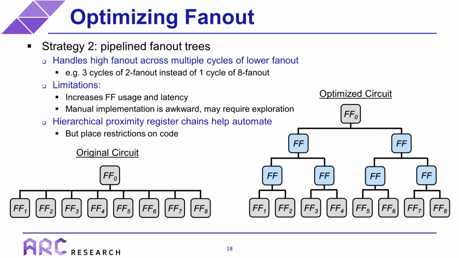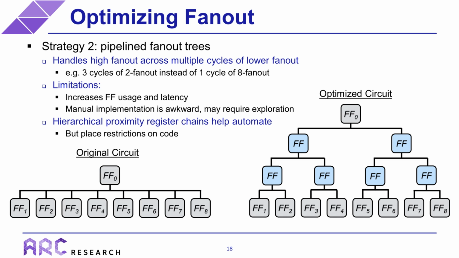Another potential issue is that manual implementation can be awkward, especially since the optimal number of cycles and amount of Fanout from the added registers can be different for each Fanout instance. Fortunately, Quartus provides something called hierarchical proximity register chains to assist with automation of this process.